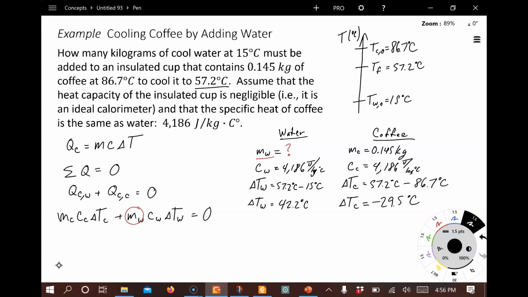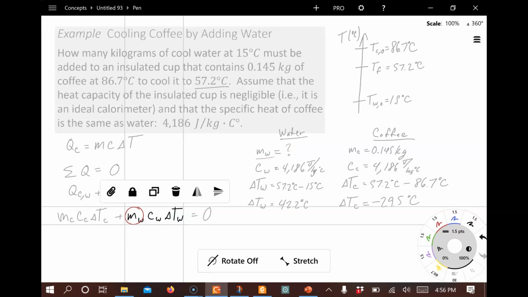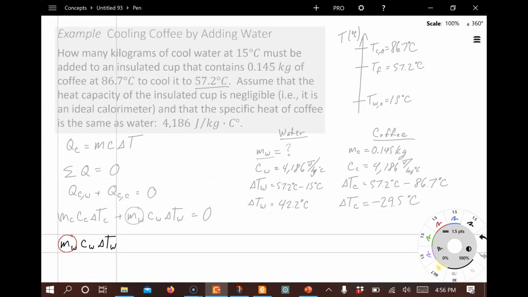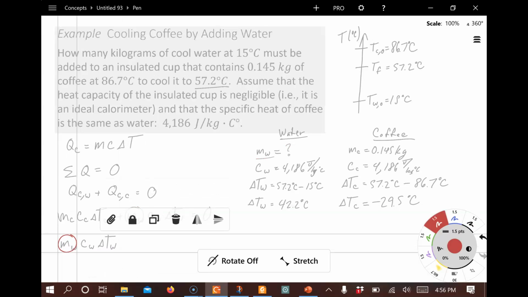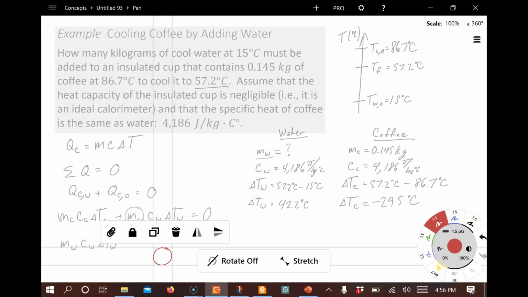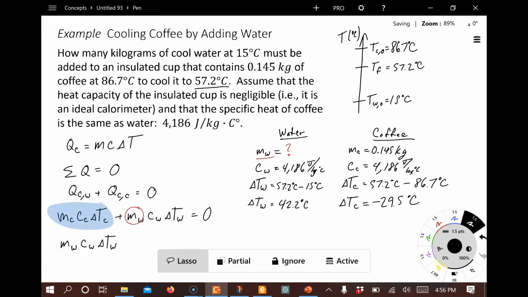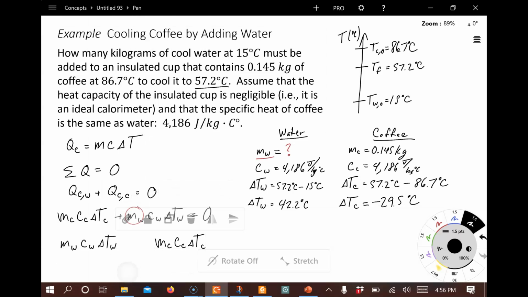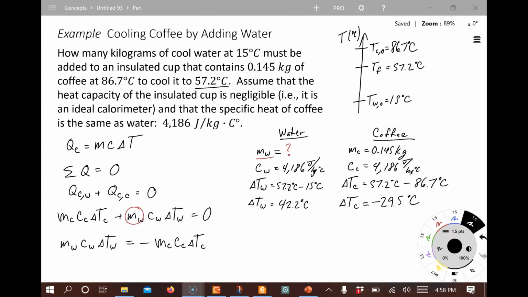So before putting in any of the variables, we'll keep this term here, and we'll subtract the other term to the other side. So we've got this.